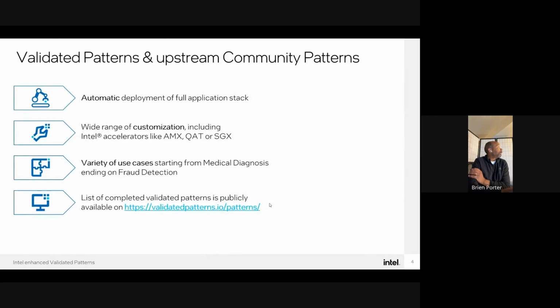All right. So as you may well know, Intel has been working with OpenShift basically since its inception. One of the things that we're always trying to do is figure out faster ways to get our customers onboarded and getting the value out of their CPUs and other Intel technologies.